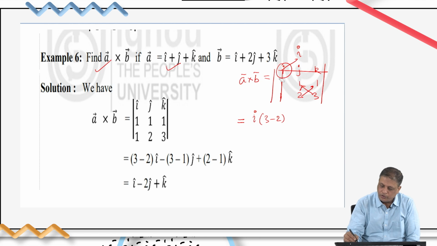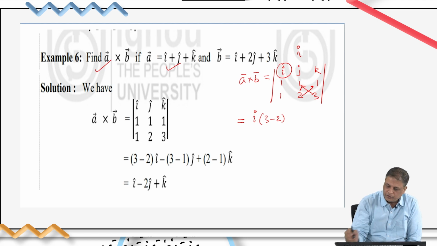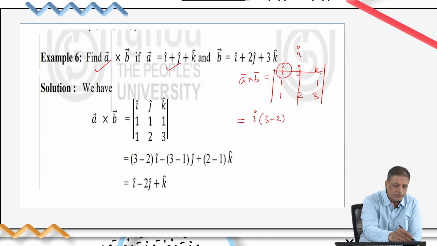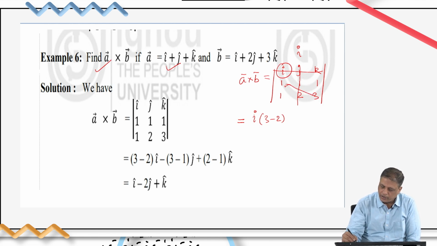Subsequently, we are going to concentrate now on j, the second component, and we are going to get minus j, 3 into 1 minus 1 into 1, plus k, 2 minus 1.